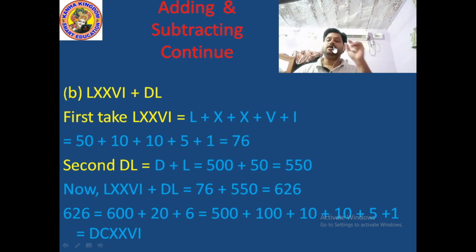Clear? 500 equals D, 100 equals C, 10 equals X, 10 equals X, 5 equals V, and 1 equals I. So the exact answer of this part is DCXXVI. This is the exact answer of this question.